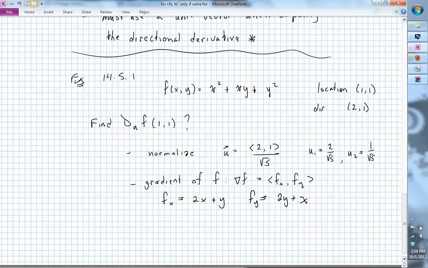So everybody see that those are the partial derivatives. Now, I'm not interested in the partial derivatives everywhere. I'm only interested in them at this location, 1, 1. It just so happens that they're the same here, but that's not generically the case.